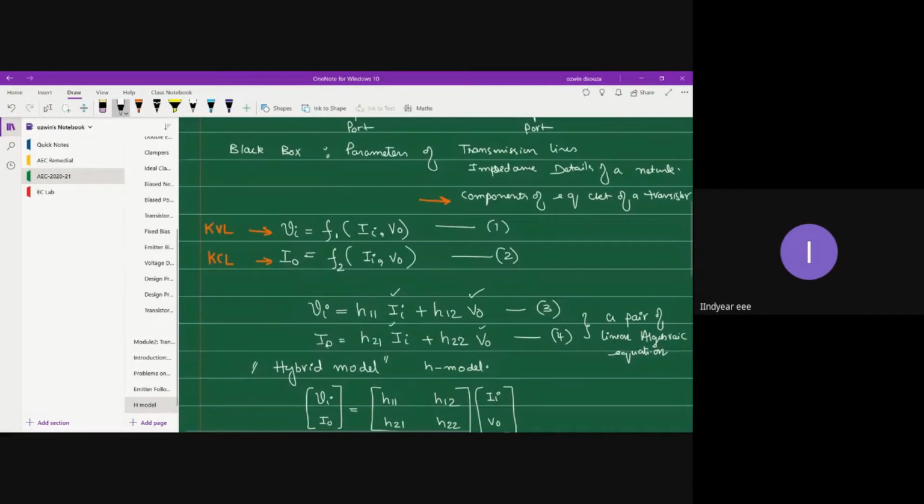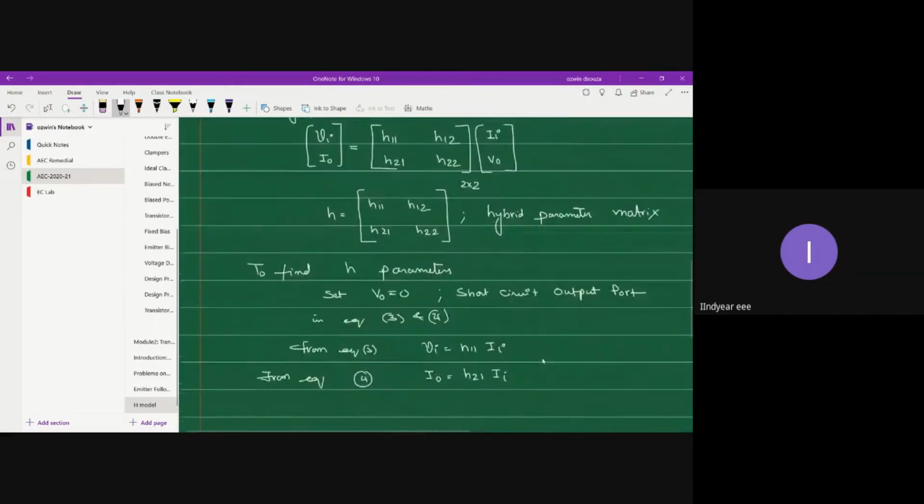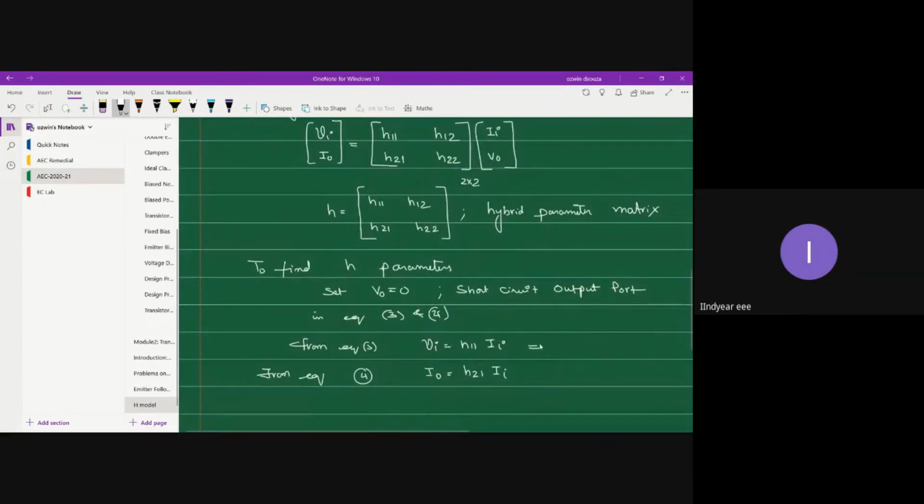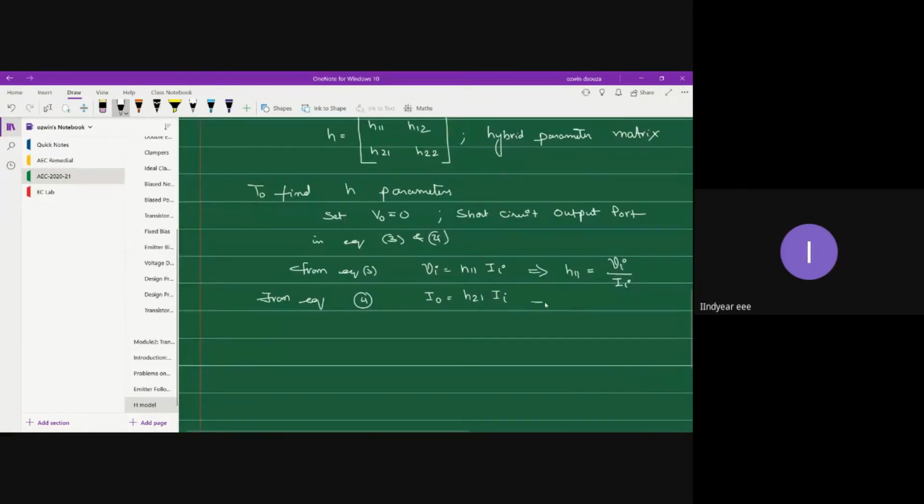So H11 is basically a voltage by current ratio. On the other hand, H21 is basically the output current to input current ratio.